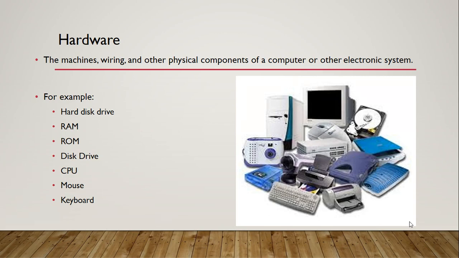So, for example, you've got your hard disk drive, you've got your RAM, you've got your ROM, you've got other disk drives, you've got CPU, you've got your mouse, you've got a keyboard. So there's loads of devices that either connect to a computer or that are inside a computer. They're referred to as hardware if you can actually physically touch them and they connect to the computer or are inside.